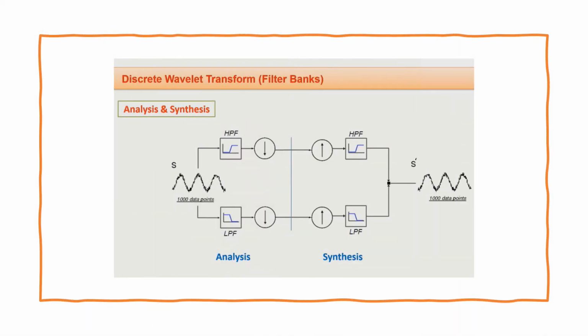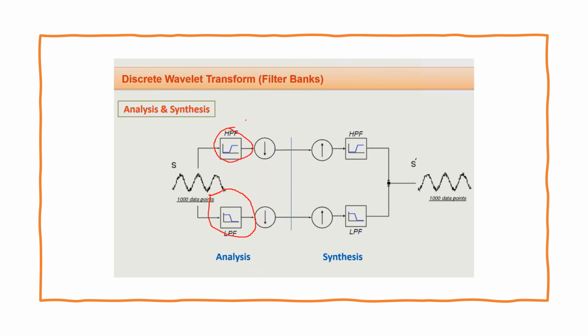So in the filter bank method, we are going to have four components. The first one is H. H gives the non-zero coefficients of the low pass filter for the analysis transform, and G gives the non-zero coefficients of the high pass filter for the analysis transform.